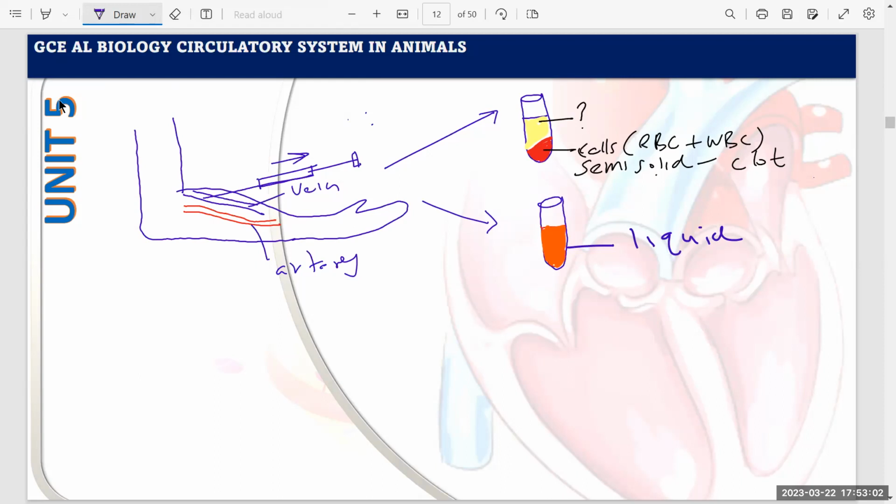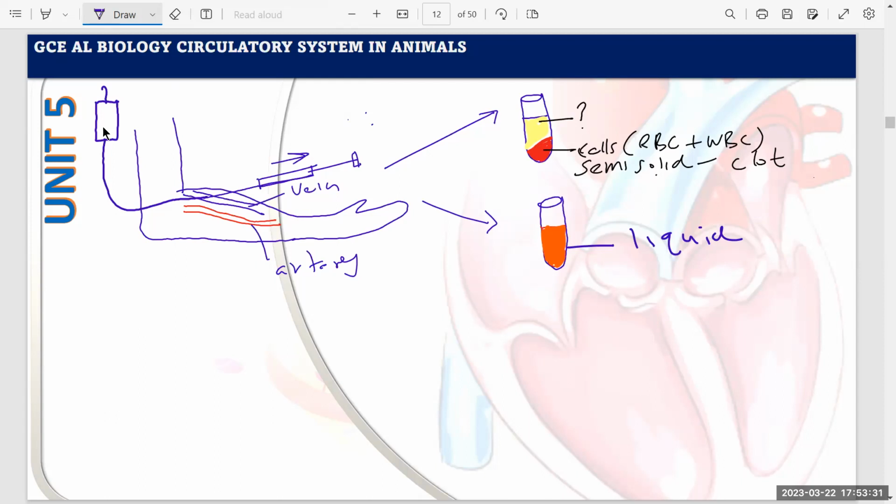In blood transfusion, there is a bag like this containing the blood, and then the needle is inserted into the vein, and slowly, maybe over a 1 hour period, blood is given to the person.